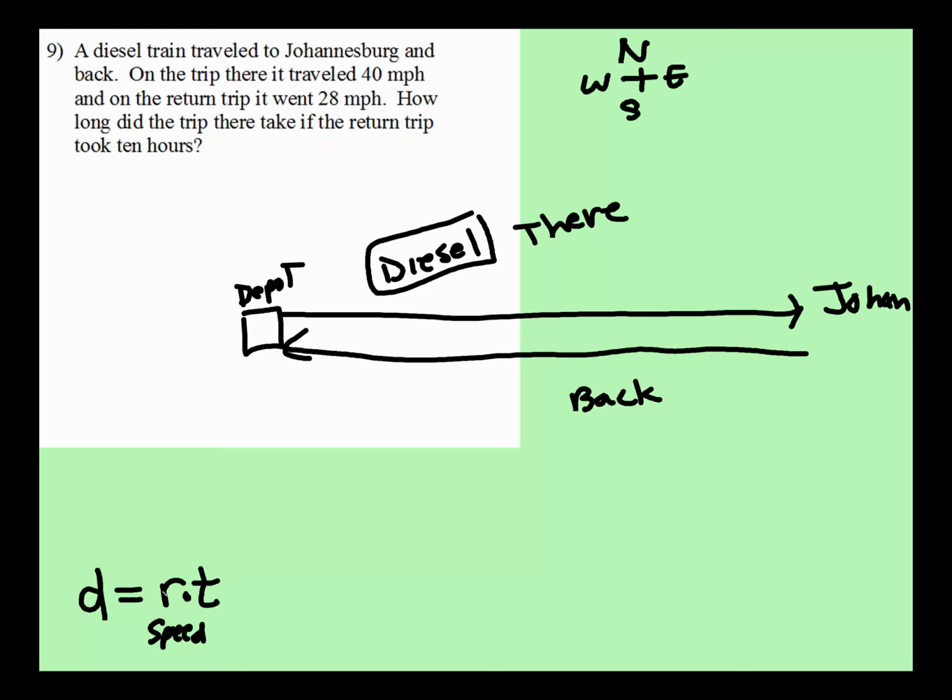So anyways, rate times time. On the trip there, it traveled 40 miles per hour. And on the return trip, it went 28. So on the trip there, 40 miles per hour. And on the return trip, this is 28 miles per hour.